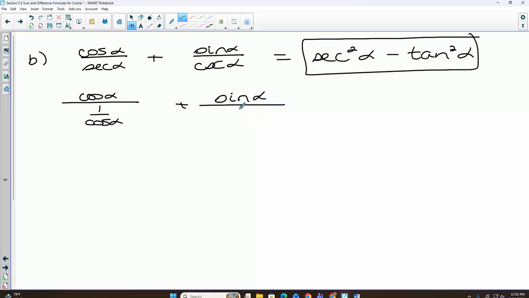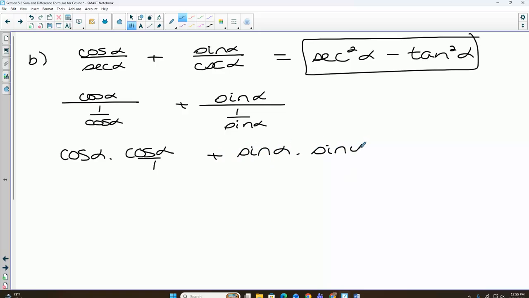What is cosecant? How do you divide a fraction by a fraction? Are you guys with me there?